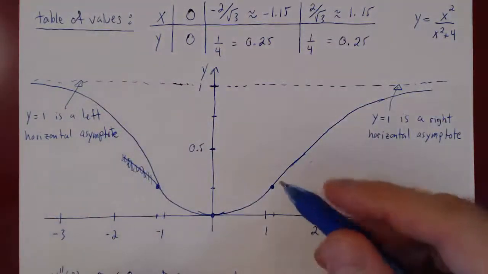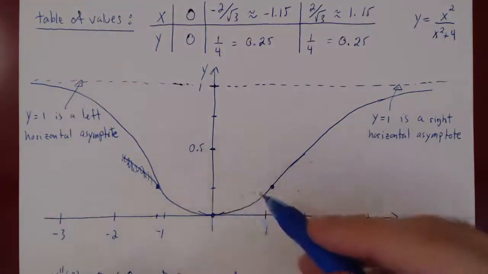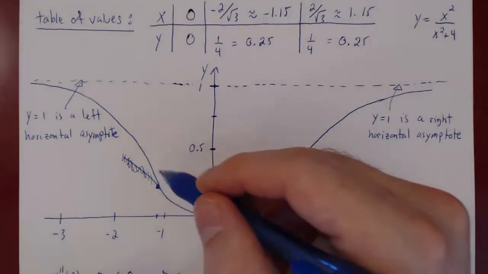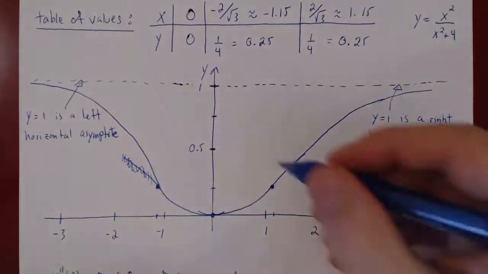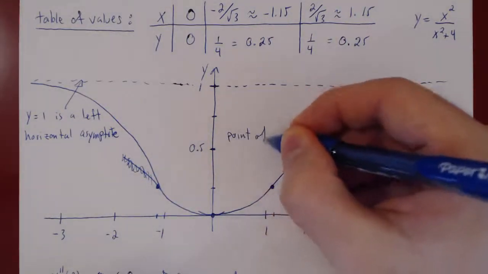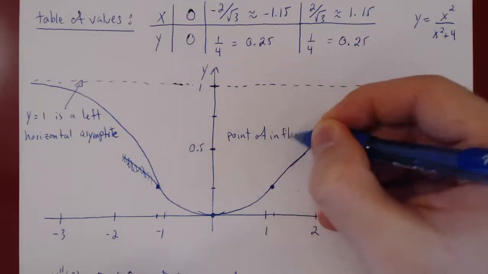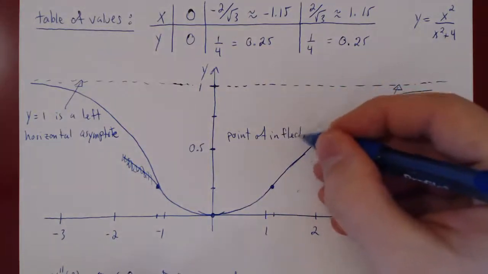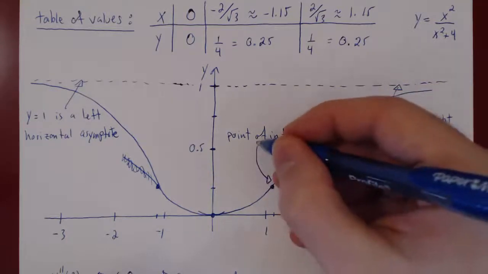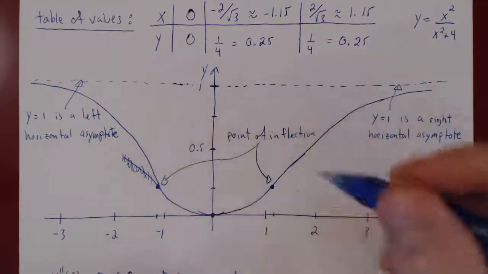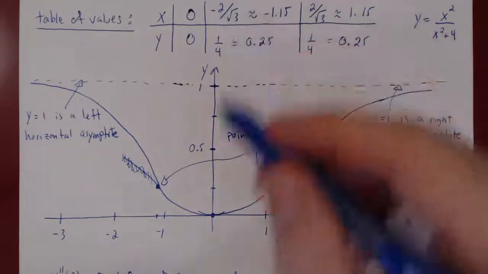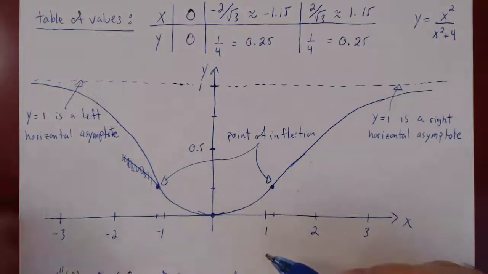Then, these 2 points were indeed points of inflection because the curve goes from concave up to concave down, and concave down to concave up. So both 2 over root 3 and negative 2 over root 3 are points of inflection.